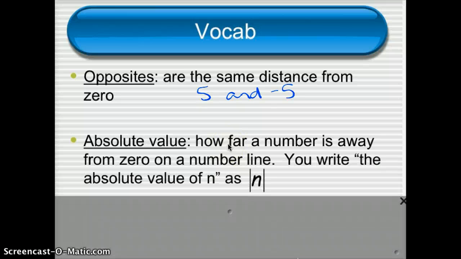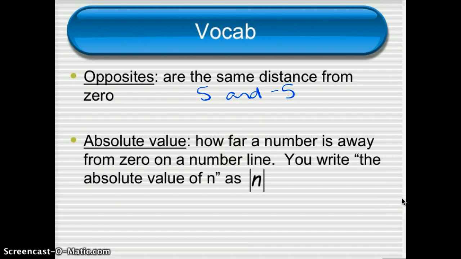Absolute value tells you how far a number is away from 0 on a number line. You write the absolute value of n as these 2 vertical bars with an n or the number inside it. If I wanted to know what the absolute value of -6 is, I'd be asking how far is -6 away from 0?